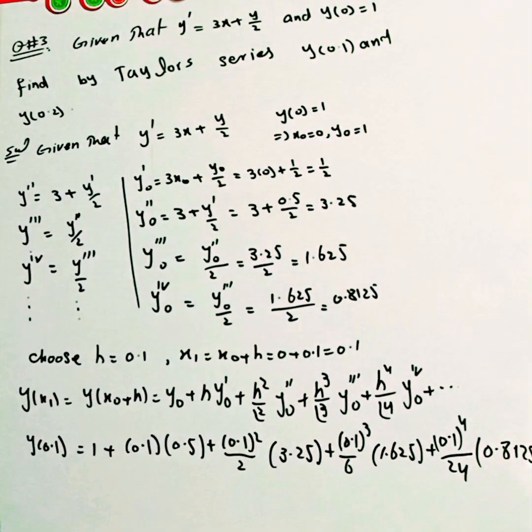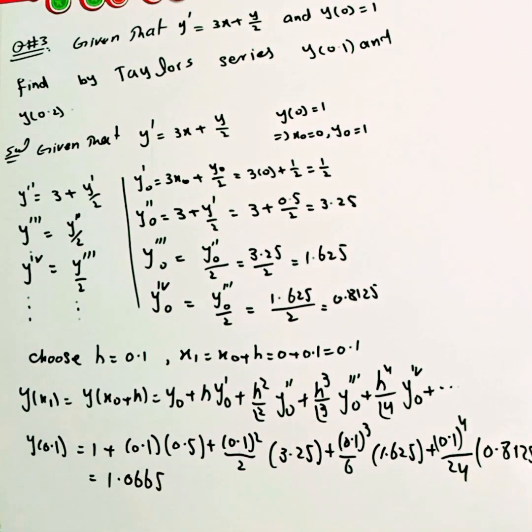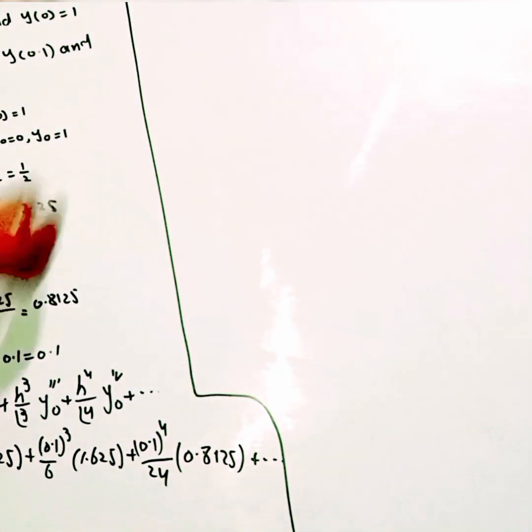After simplifying this expression by using a calculator, we obtain y of 0.1 is equal to 1.0665. Now we find the second iteration for x2.